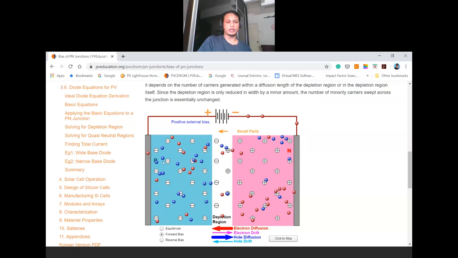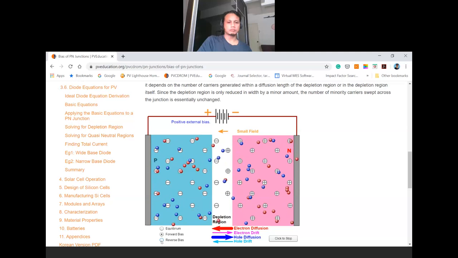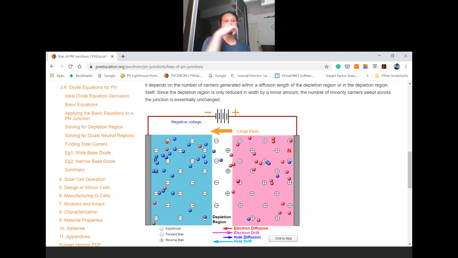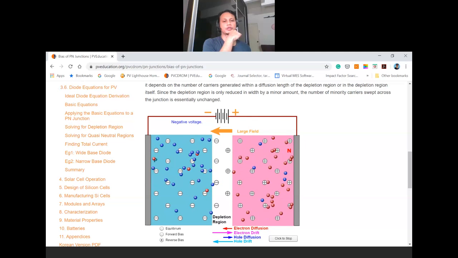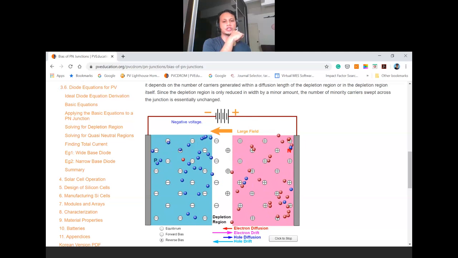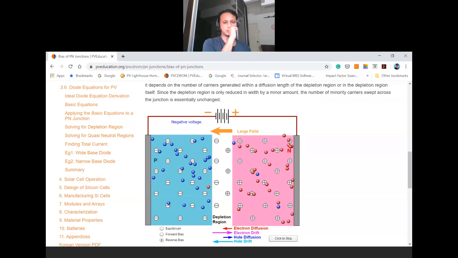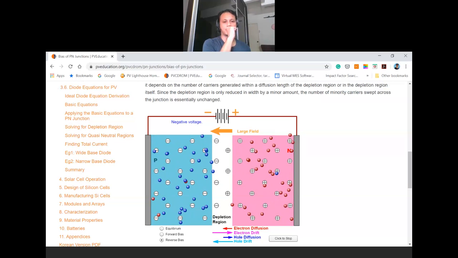So now let's go to the third condition. Now this is reverse bias. Reverse bias is achieved when you connect the negative terminal to the p-type and the positive terminal to the n-type. So what do you see now?